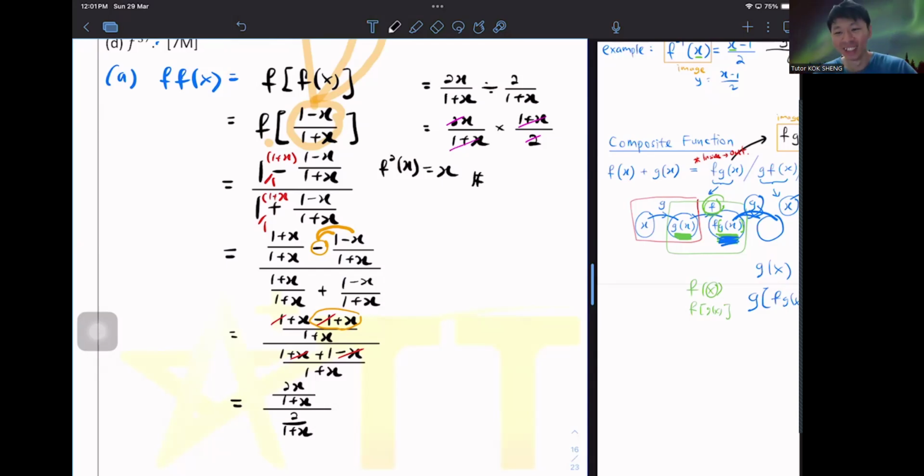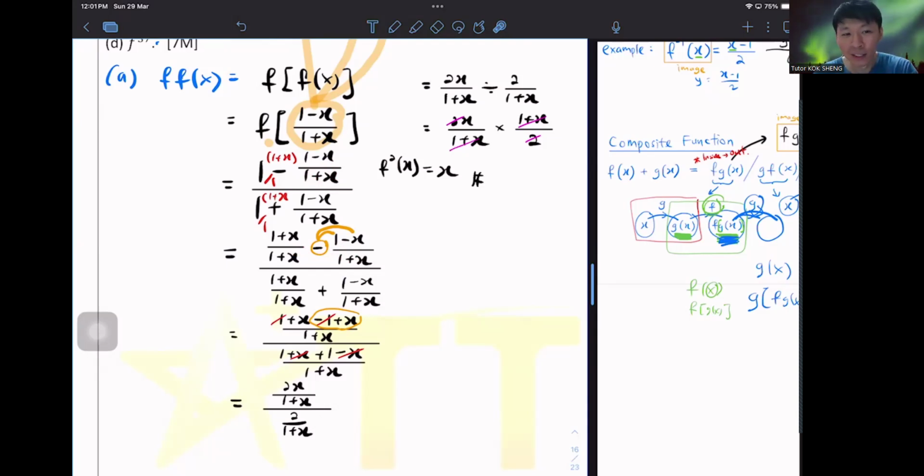Is it good? The one changes to 1 plus x. We have to make the denominator the same, right? That's why you have to times the top and bottom by this one. You remember your mathematics? The bottom is the same, only then the top part can plus.